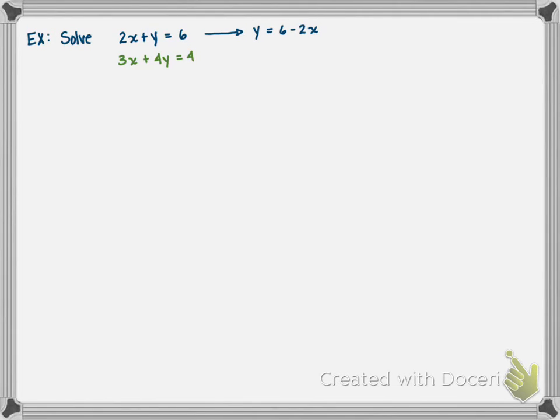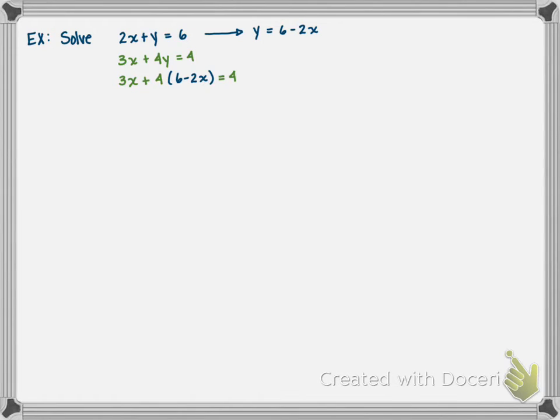And then we're going to substitute that into the second equation for y. So we have 3x plus 4 times 6 minus 2x equals 4. Always make sure whatever you're substituting in for your y is put in parentheses, or for x, whatever you're substituting for.